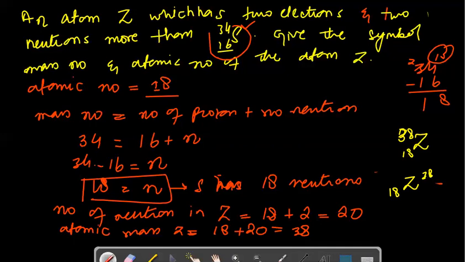Okay, till now we have discussed the atomic mass and atomic number, and we say that atoms with the same atomic number would be the same, and one atom can be distinguished from the other by the atomic mass and atomic number of that particular atom.